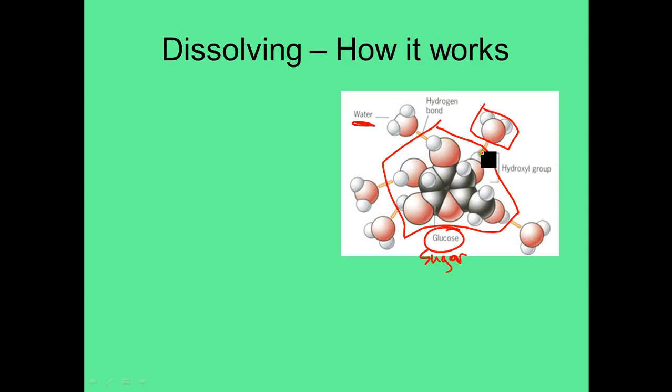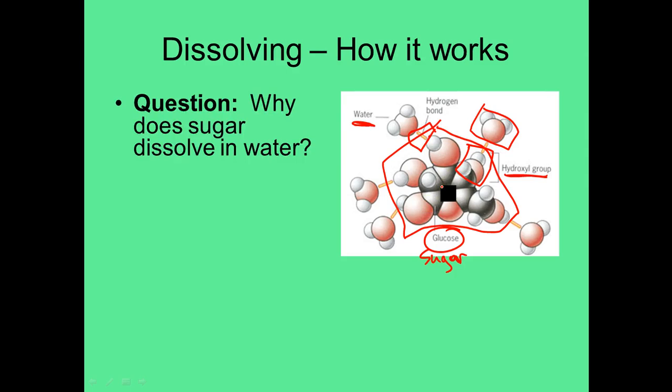These red and white sections attached to the sugar are called hydroxyl groups. It's the chemical name we have for them. And the interaction here between water and these hydroxyl groups is called a hydrogen bond. So why does sugar dissolve in water?